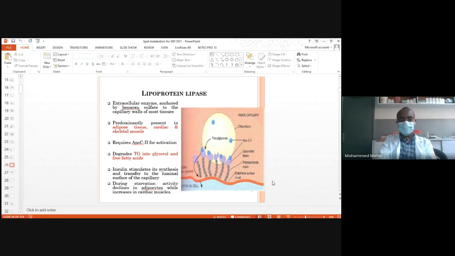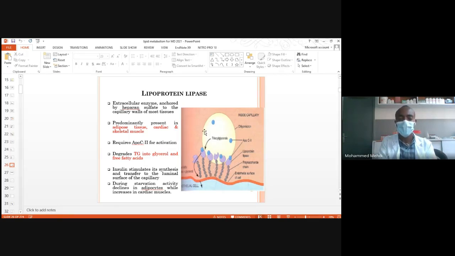Okay. The lipoprotein lipase enzyme is found in the blood vessel, on the blood vessel wall, the endothelium. We have these different polysaccharide chains, and they attach this enzyme. You see, this is the enzyme attached to the endothelium of the blood vessel. It is immobile, fixed in one position.